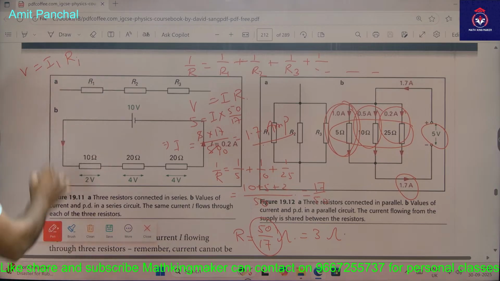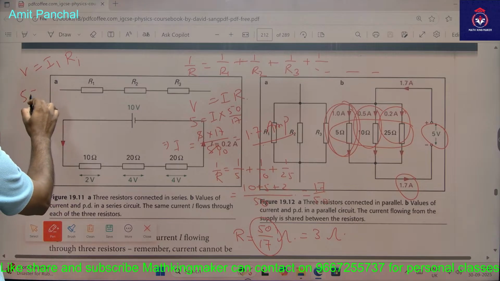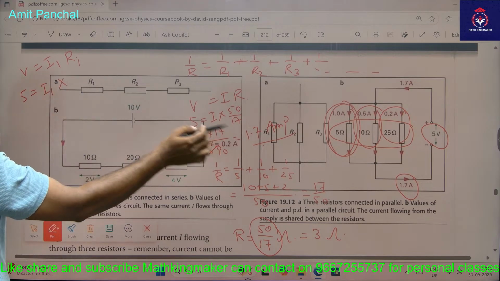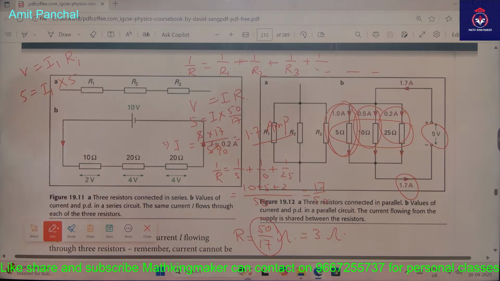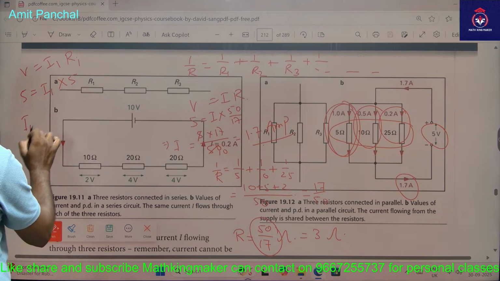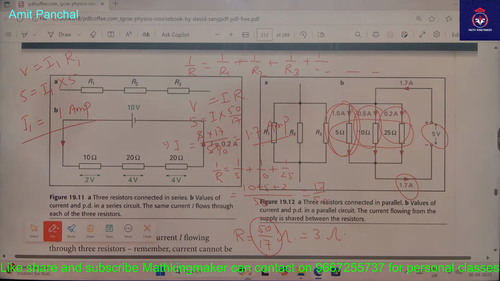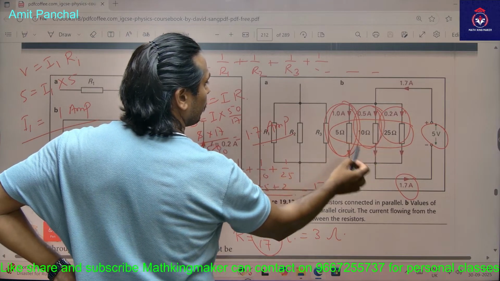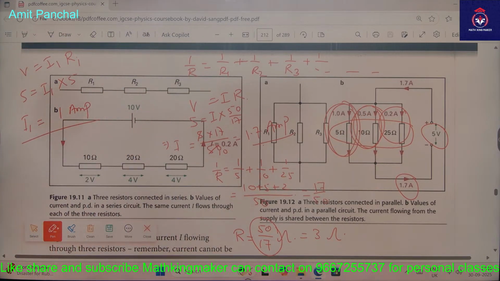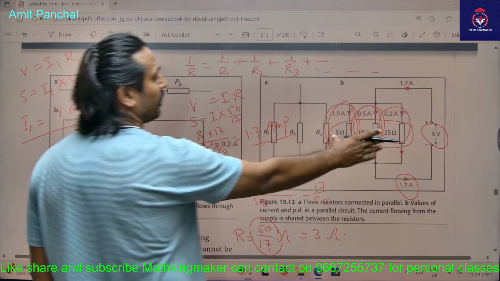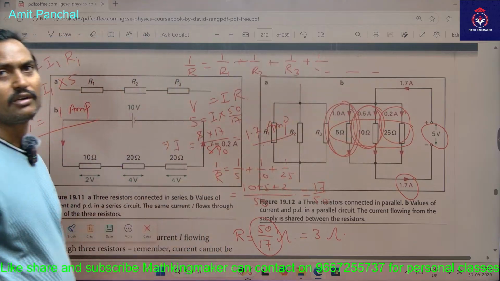Voltage will be 5 volt, we need to find I1, and R is 5 ohm. So I1 will be 1 ampere. If you want to find the current in the second one, it is 0.5 times 5. Got it? In a parallel combination, voltage will be the same, and in a series combination, current will be the same.